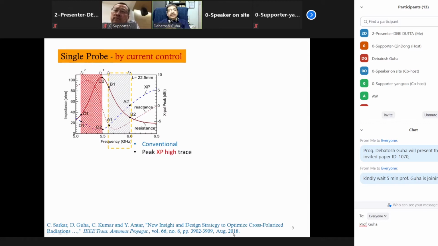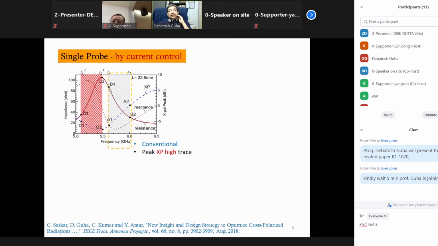I just give you one interesting point, that whenever we design our microstrip patch, most of the time we make one mistake and it is our convention that normally its band works over where its resonant resistance is falling, that is in a downward trend.